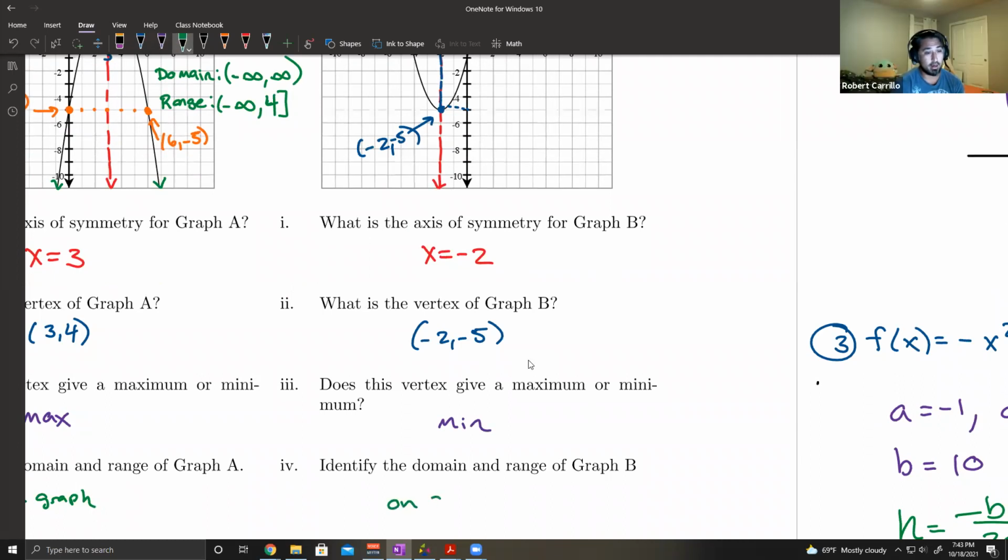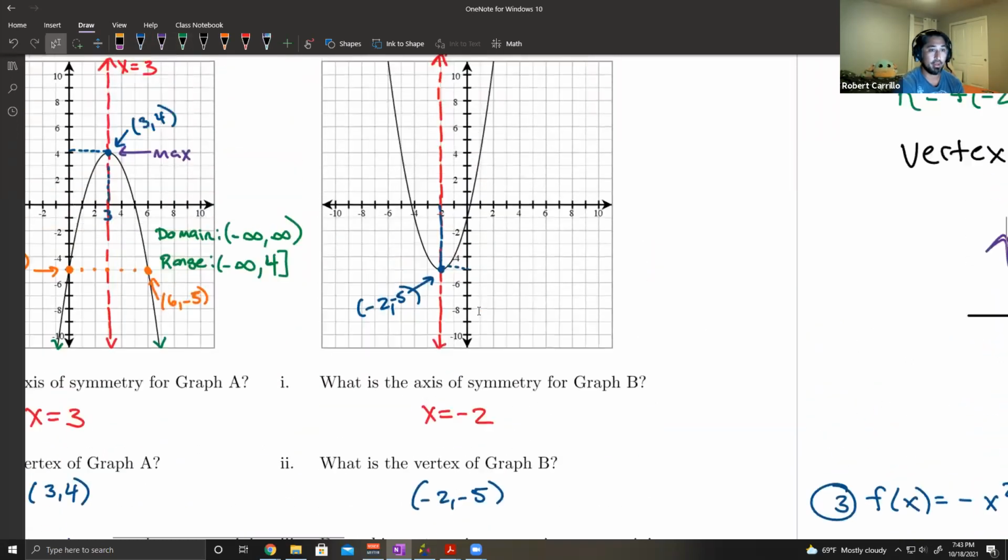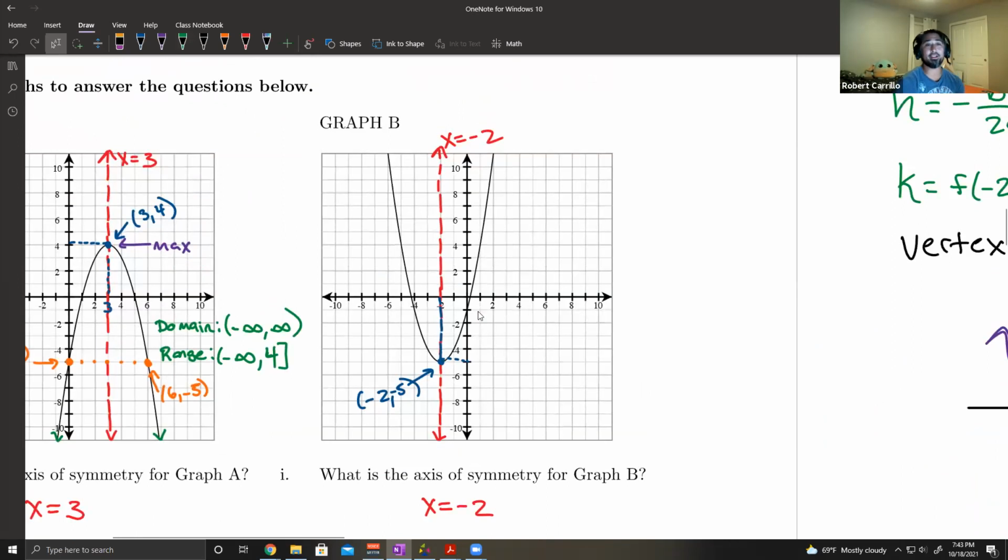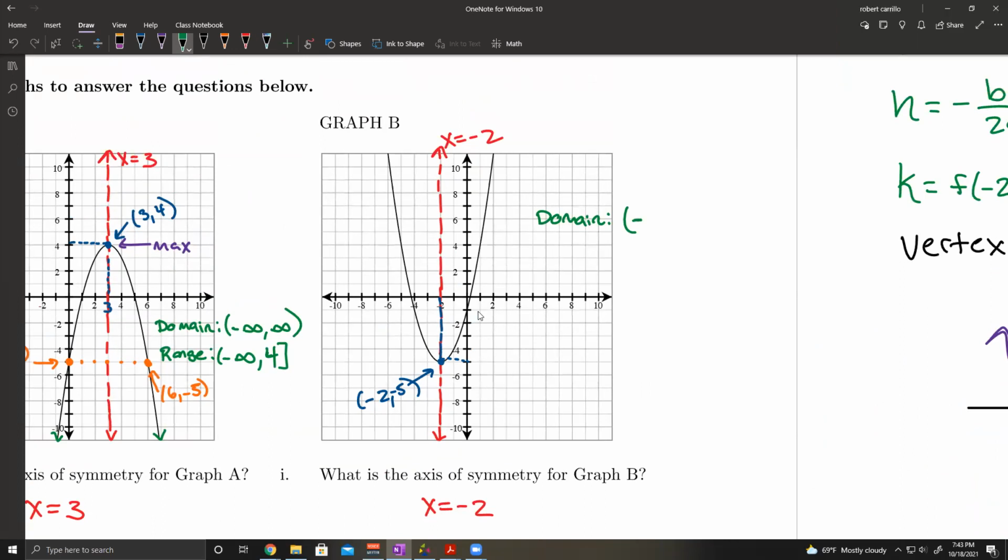And we're going to say on graph for that one. Okay. So we want the domain and range. And once again, lucky us. What is the domain for all of these functions? -infinity to infinity.